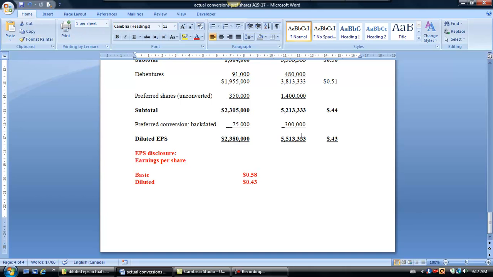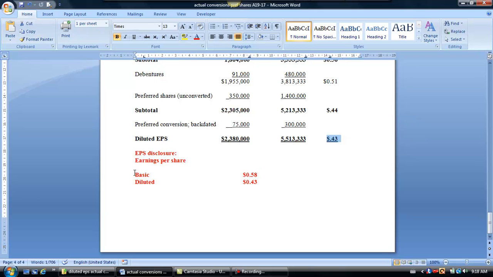So now if we do a diluted EPS calculation, we see that our diluted EPS would have been based on earnings available to common of 2.38 million, and our WACs would have been, if we had backdated that or if they had been converted earlier, 5,513,333, and that would have given us a diluted EPS which is slightly smaller at 43 cents a share.